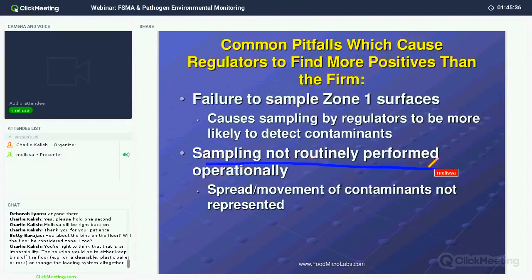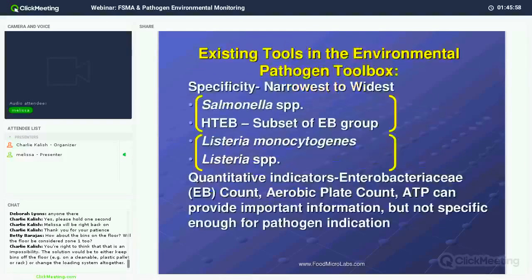Sometimes one of the key causes is that we're collecting our samples pre-operational, for example, and the agency generally collects their samples operationally. So materials are in motion, people are in motion, whatever's there has moved and spread, and so the spread factor is very, very important. Their ability to find a positive can be higher than ours if we're taking pre-ops.